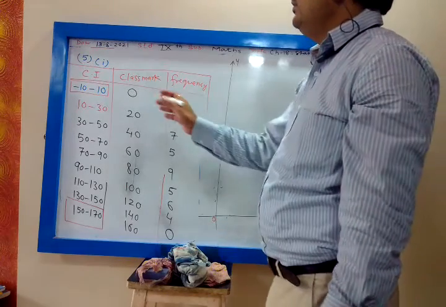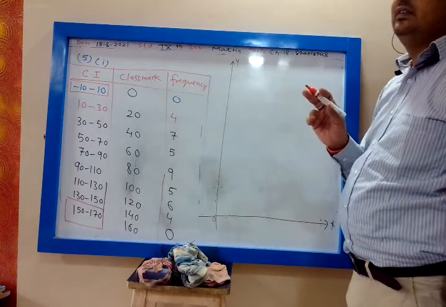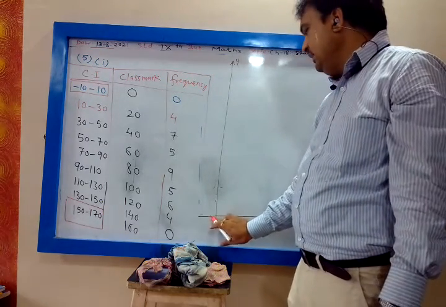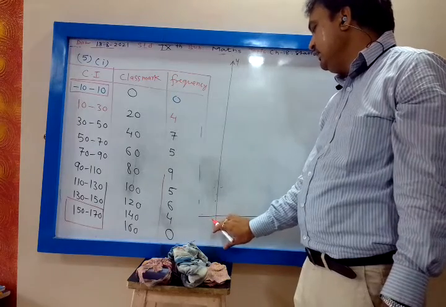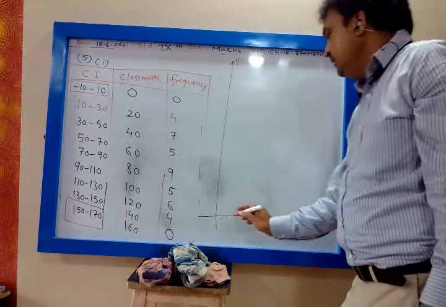But see, the difference is 20. We are taking 1 centimeter is equal to 20 unit. Are you following?